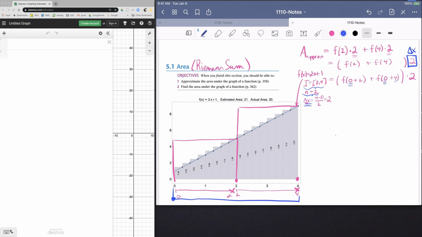Now if we continue on with this process, notice that the function at 0 plus 2, 2 is the same thing as 2 multiplied by 1, and 4 is the same thing as 0 plus 4, but 4 is the same thing as 2 multiplied by 2.